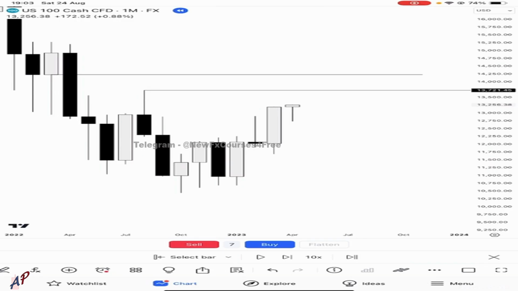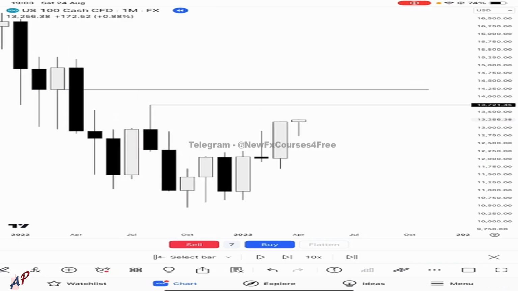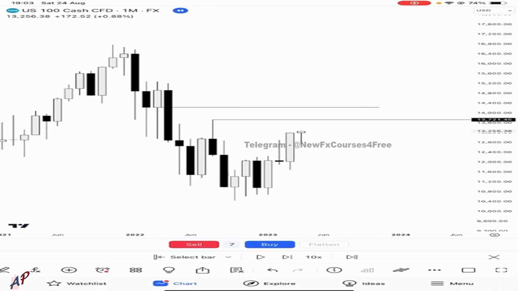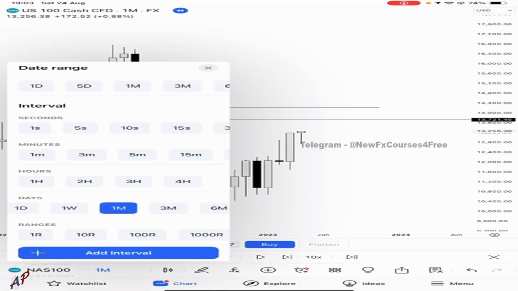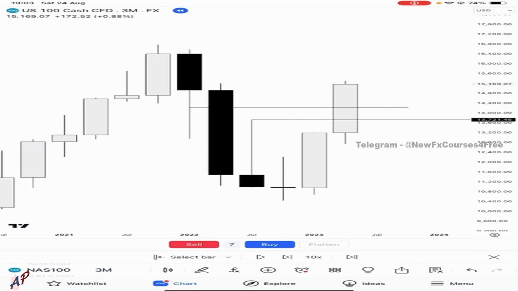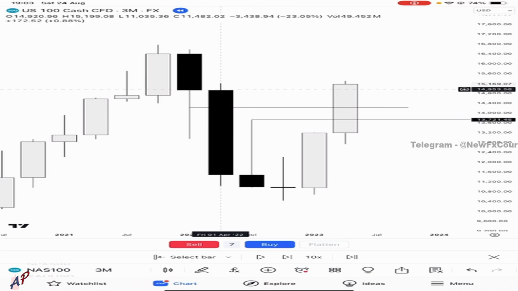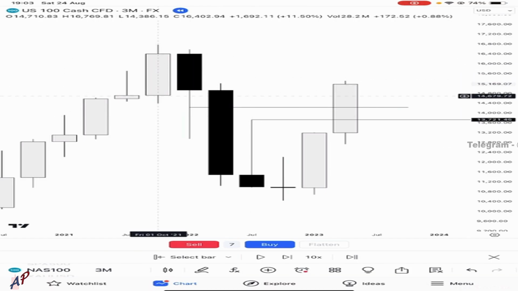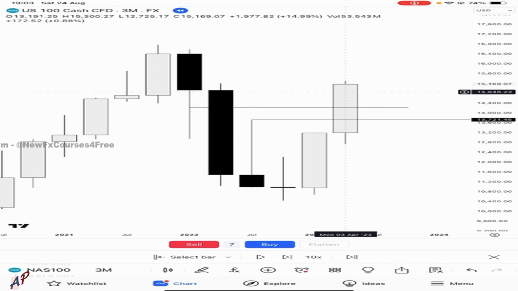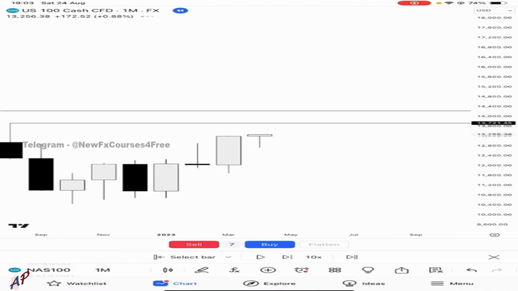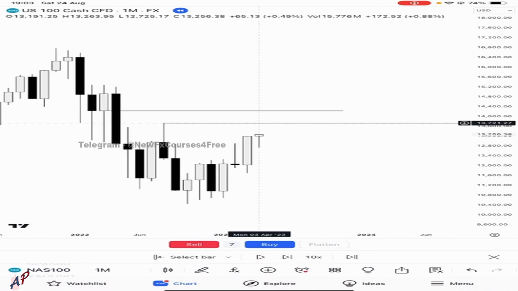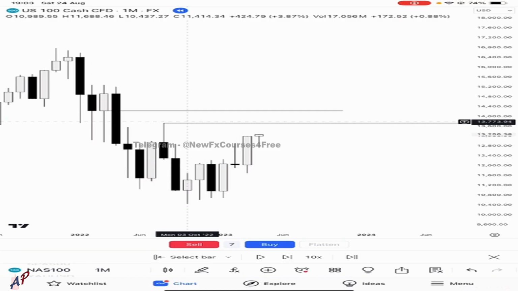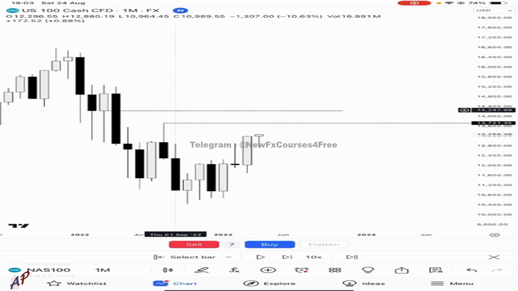Now we range high, and as you know, price can only reverse at a higher time frame PD array. So without higher time frame PD array, let's say 3 months, there is nothing until this 3 month order block. But let's stay safe.